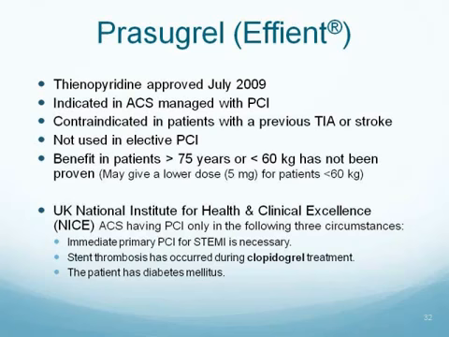And they further say only in 3 circumstances, that it's for either an immediate primary PCI for ST segment elevation MI, or that the patient has a history of a stent thrombosis while they were receiving clopidogrel, or the patient has concomitant diabetes.